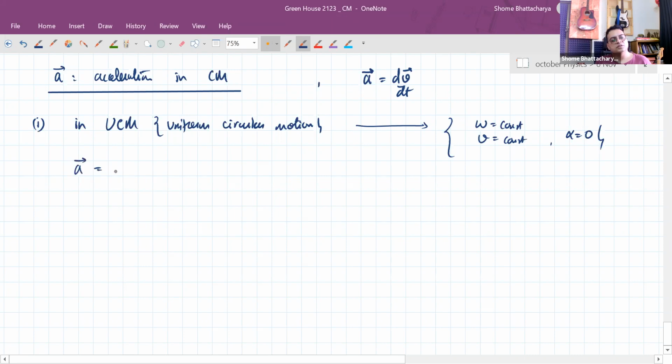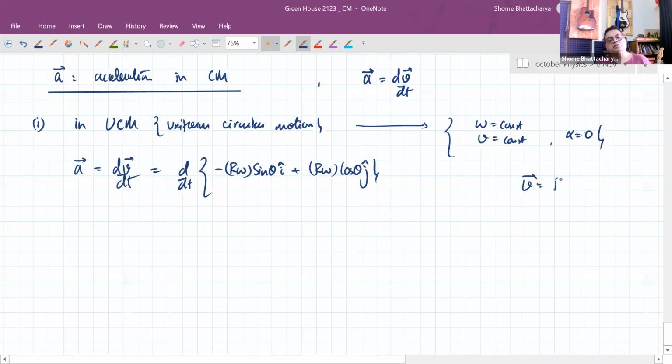So acceleration, which is rate of change of velocity with respect to time, becomes, so here we understand that v is r omega theta cap, where theta cap was minus sine theta i cap plus cos theta j cap, and d theta by dt is omega.